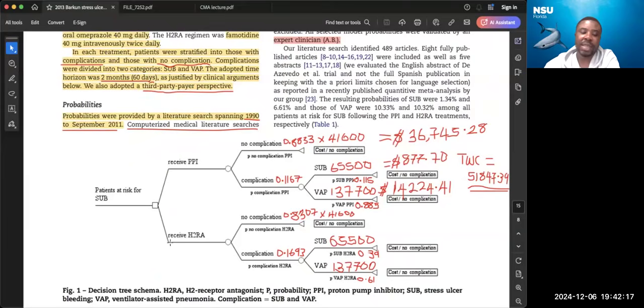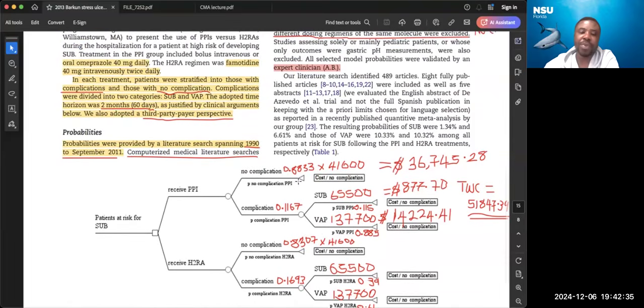What it means is that the H2 arrays are able to prevent development of either the stress ulcer bleeding or the VAP in 83.07% of the population. And then the PPIs were able to prevent complications in 83.33% of the study population.